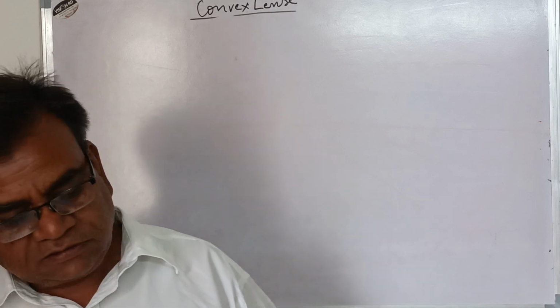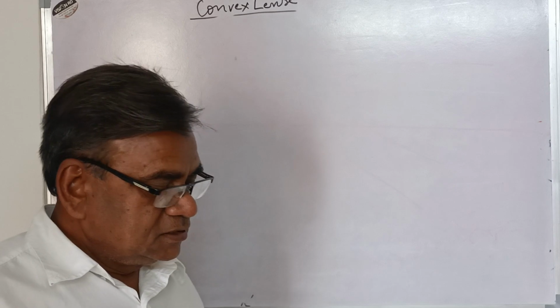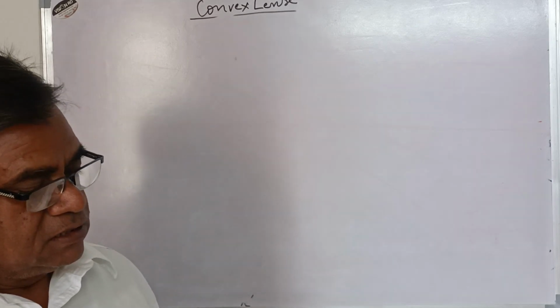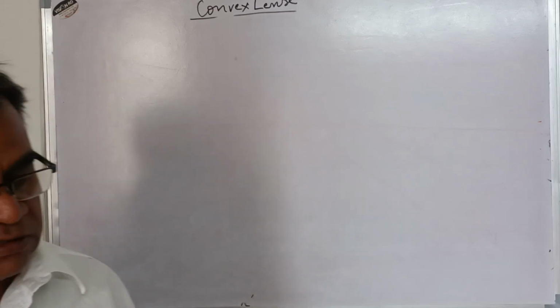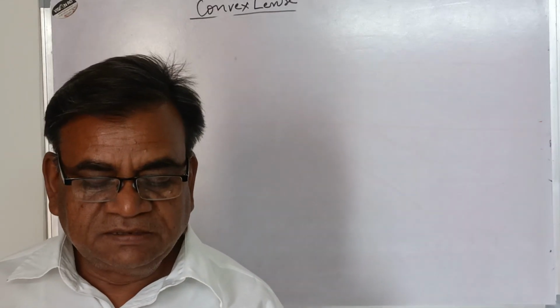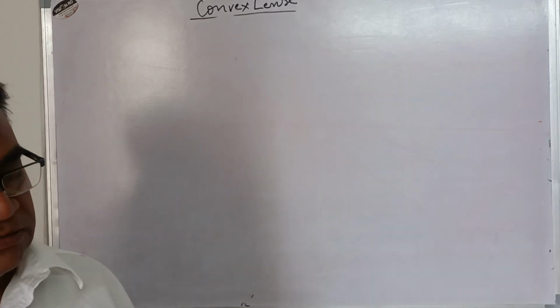Let us take the next question. For what position of an object is a real diminished image formed by a convex lens?